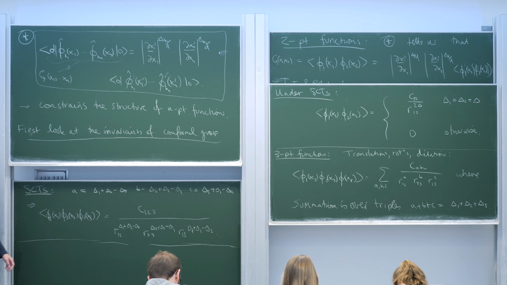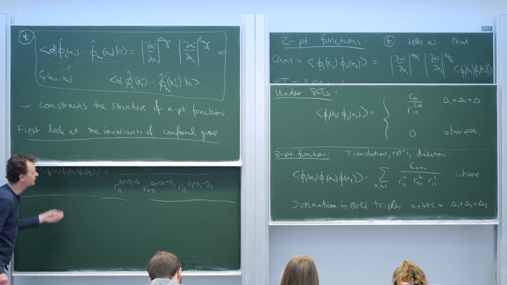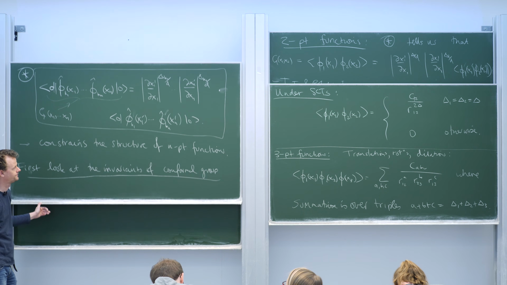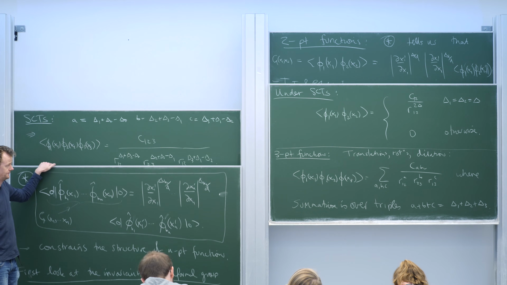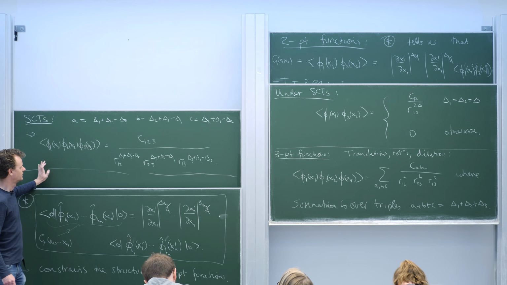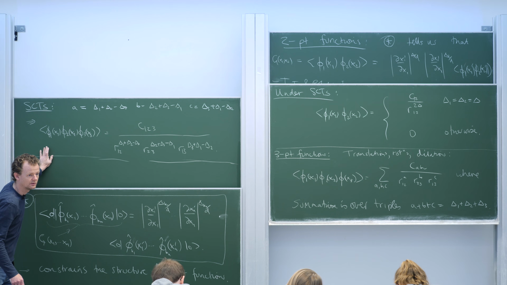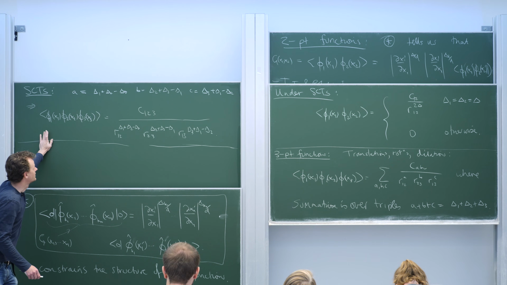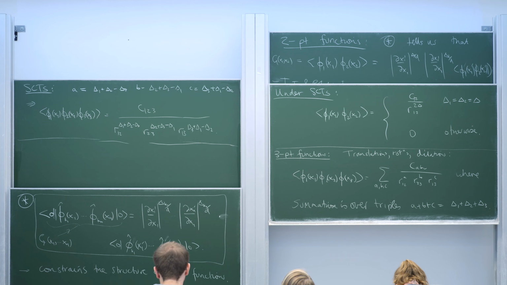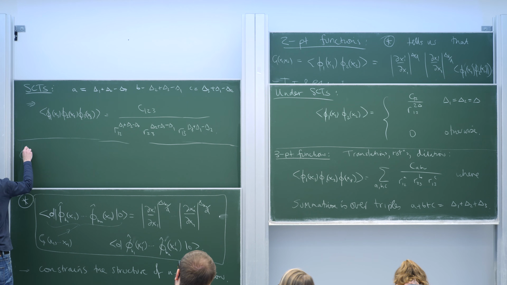This is where all the simplicity stops, because for 4-point functions and above, we don't have enough invariance to completely determine them. So I'll write out just the general answer for n is 4, and it just gets progressively worse.